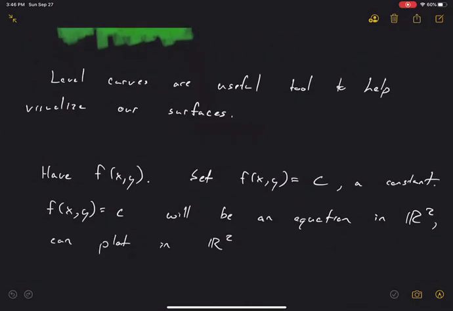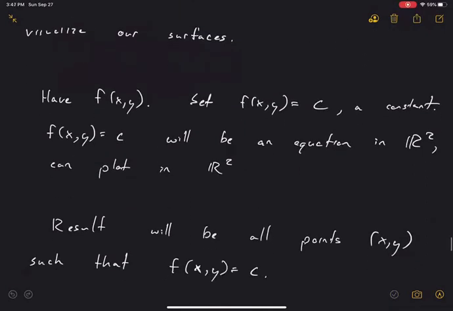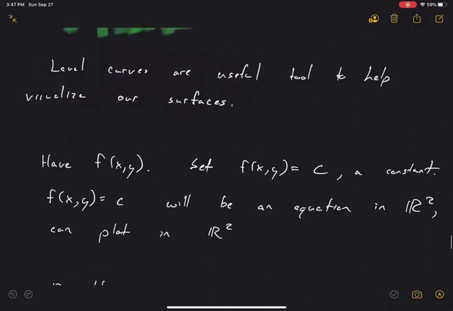So what is a level curve? Sometimes drawing the curves in R3 can be difficult, and we want maybe a simplification of things, or we don't want to look at some specific data. So that's when these level curves can come in handy. Okay, so what's the setup?